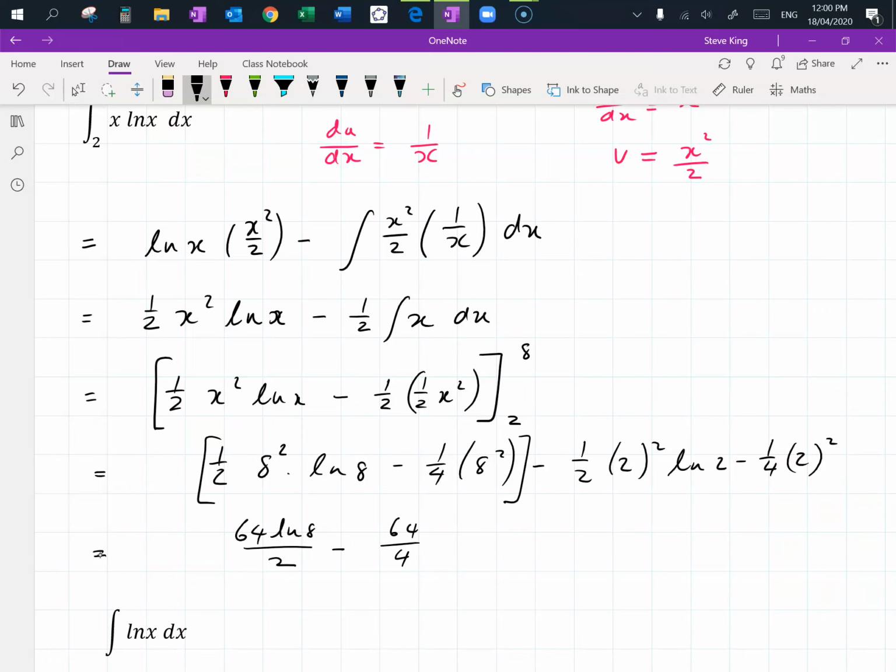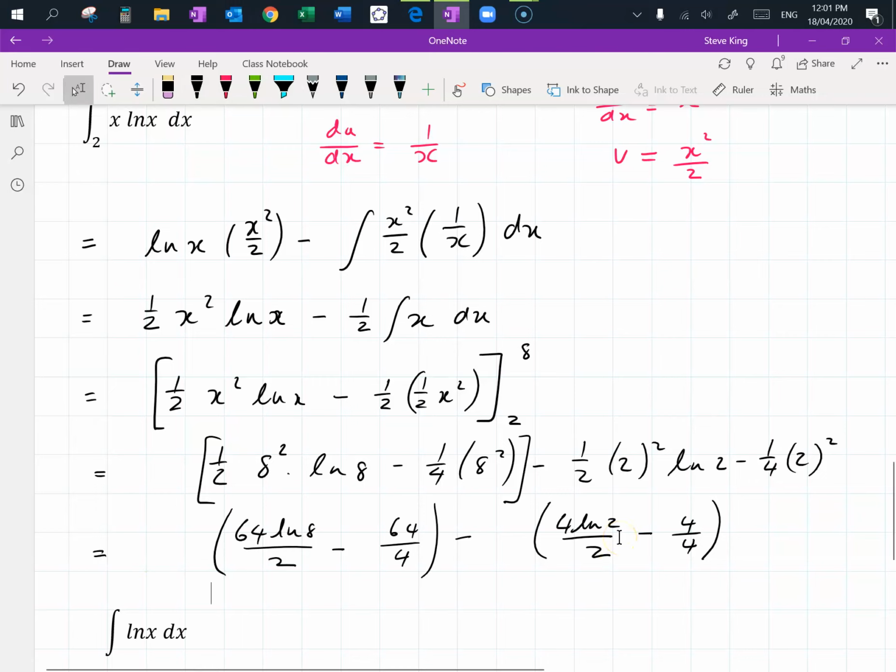And then I'm going to have minus 4 ln 2 over 2 minus 4 over 4. And when we crunch all of those together, we're going to get 94 ln 2 minus 15. And there's my final answer.